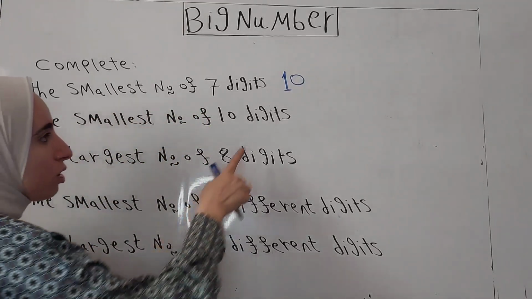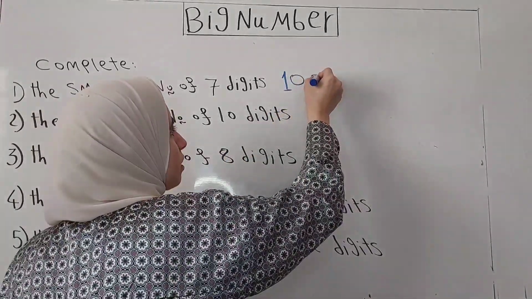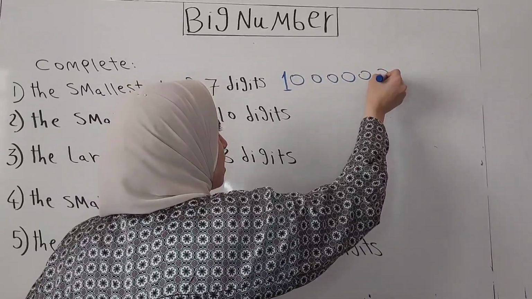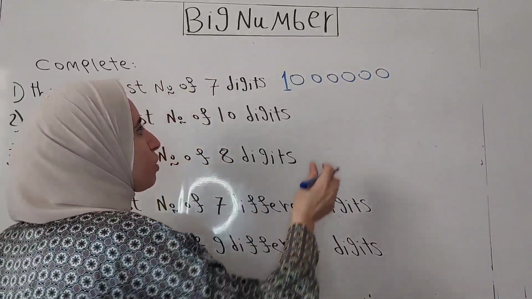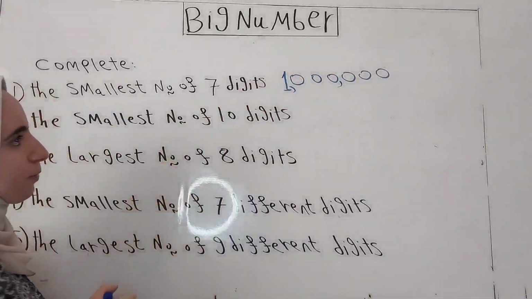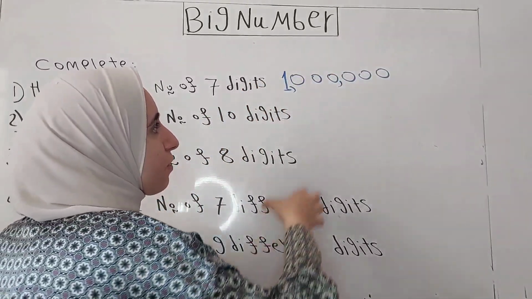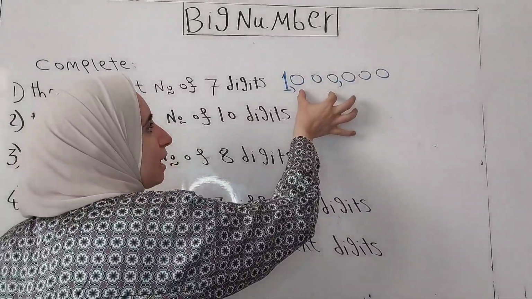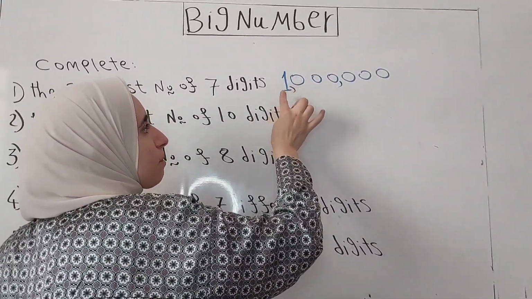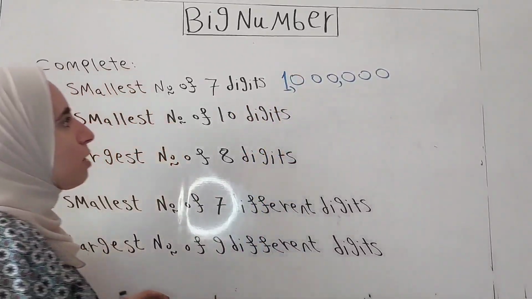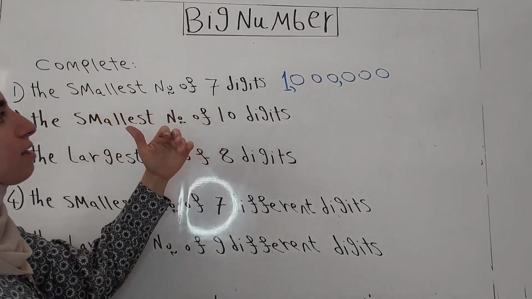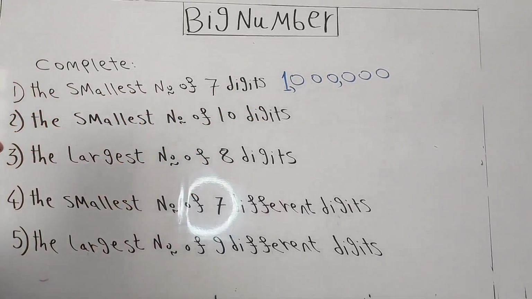Let's count with me: 1, 2, 3, 4, 5, 6, 7. Finally, we use commas. This is the first family, ones, second is thousand, third is million. So this number is 1 million.